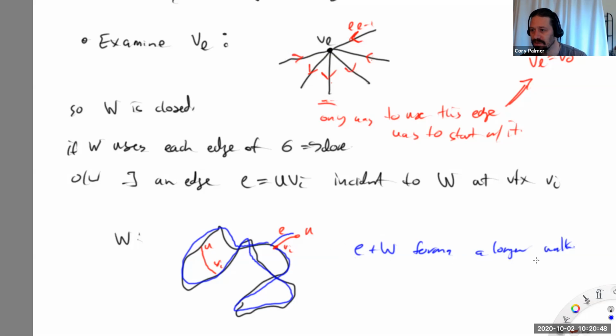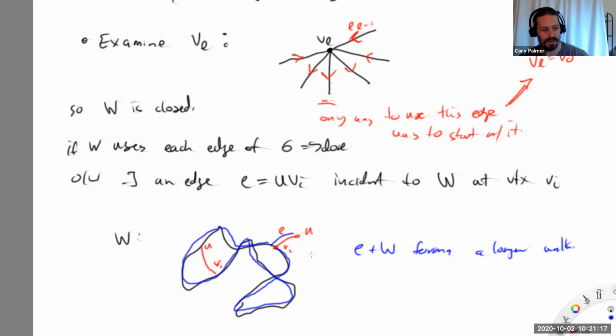Now, maybe there's something bugging you here a little bit, right? What's not true about this walk, at least by the illustration? It's not closed, but does that actually matter? Did we assume that W was closed? No, we didn't assume it, we proved it, right? So W was the longest walk that didn't repeat edges, and it turns out it's closed.